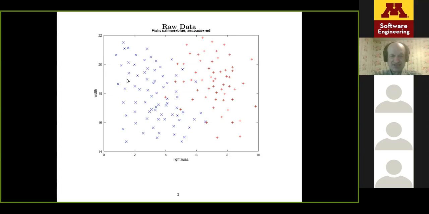From the image, you extract two features: the width of the fish, and the brightness or lightness of the fish image. Each fish is reduced to a two-dimensional feature vector, and you can plot them. The blues are, I guess, the salmon, and the reds are sea bass.